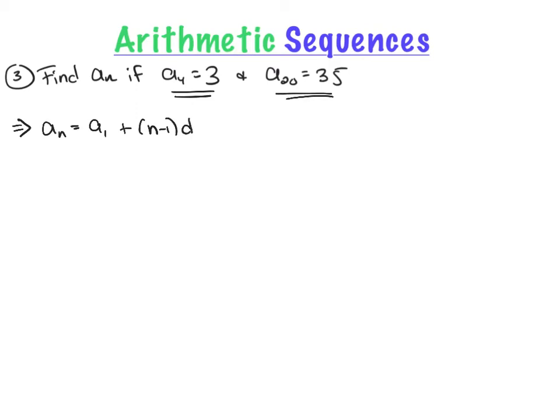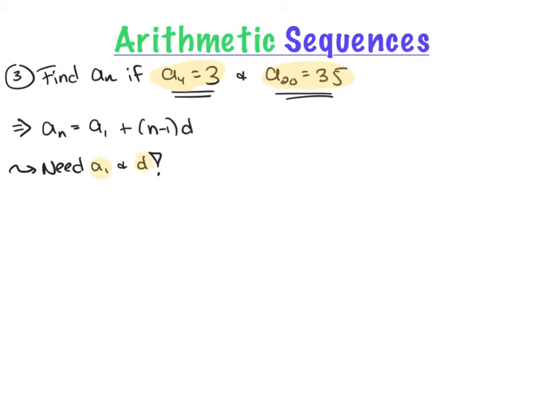And if we're going to find that a sub n, we really need to have a1 and d. So here's what we're going to do. We're going to use our two equations, A4 is 3 and A20 is 35, to come up with a way of figuring out A1 and D.